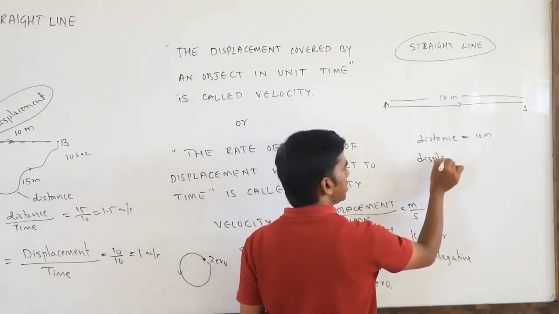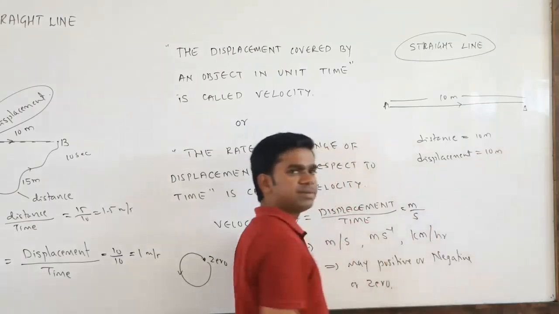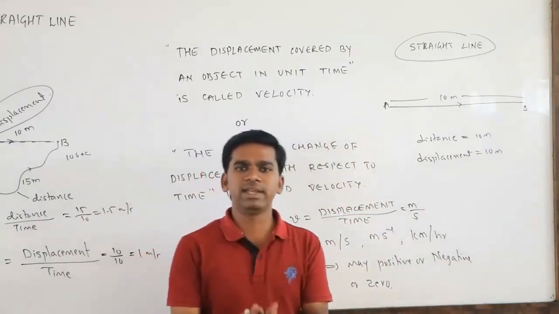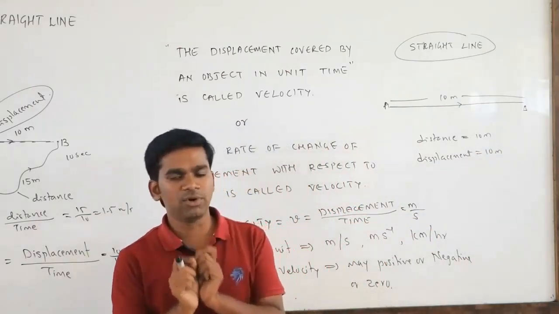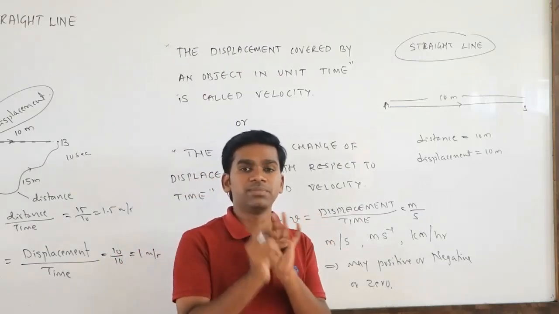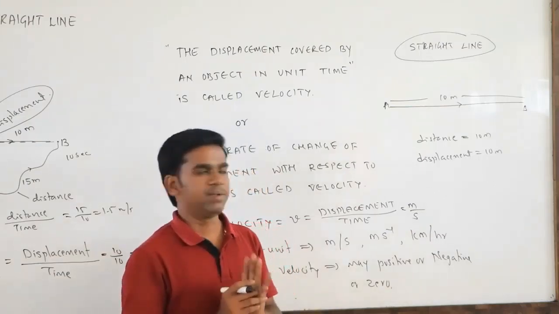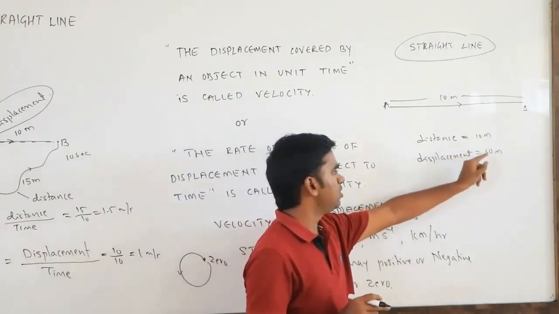So displacement is also 10 meter. That means for a straight line motion, or one dimensional motion, distance is most of the time equal to displacement. Not always, most of the time.